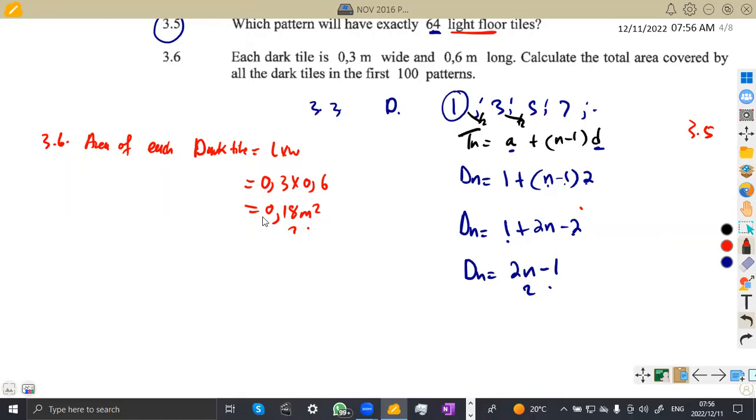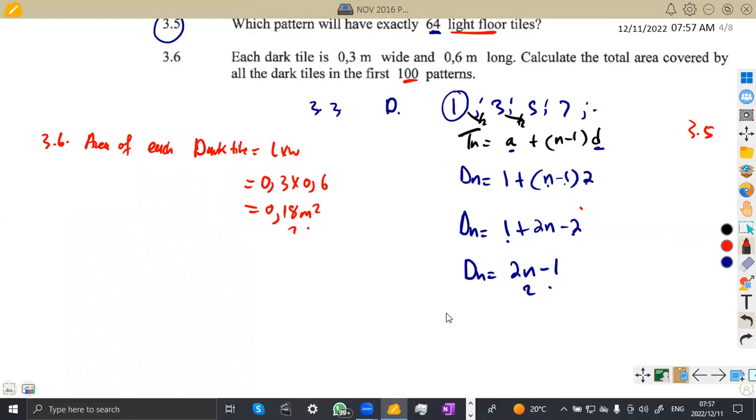Now we need to know how many ductiles we have if the pattern is for the first 100 patterns. What are we going to do to find the total of the first 100? We can simply substitute the value that we are given into the expression because we need the sum. Take note, this is the sum, guys, that you need.